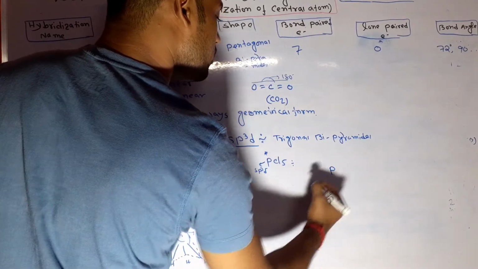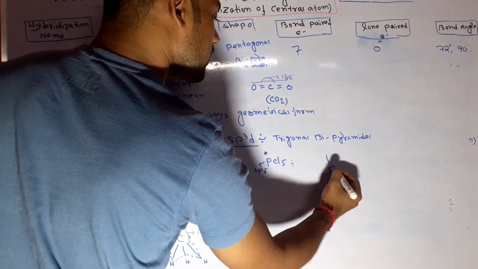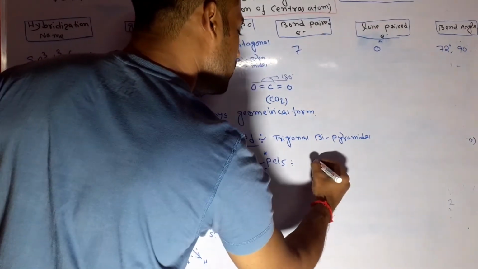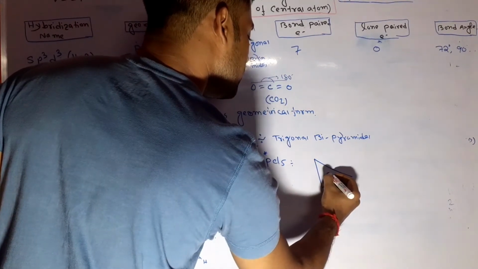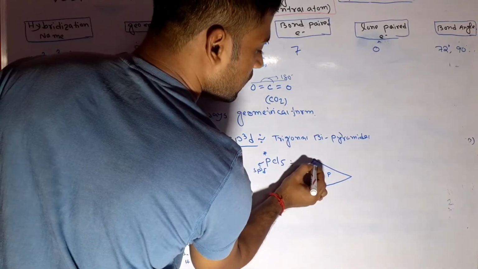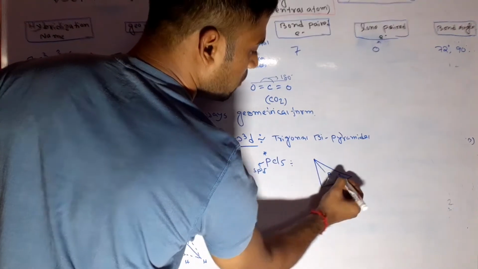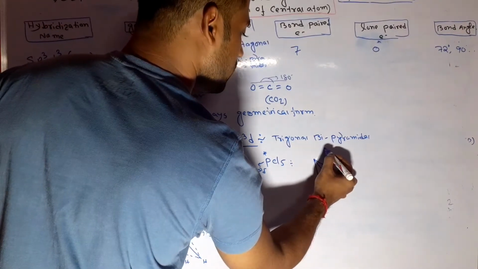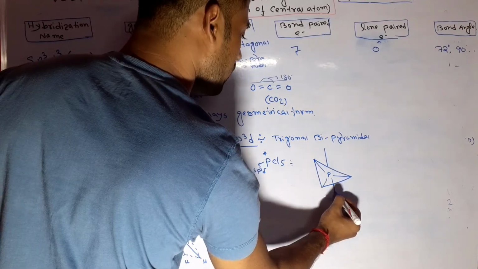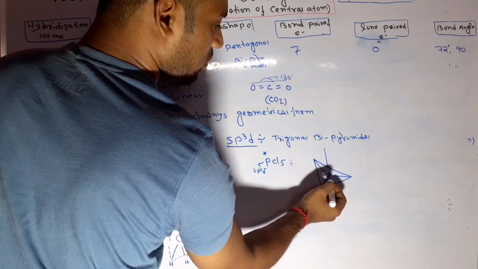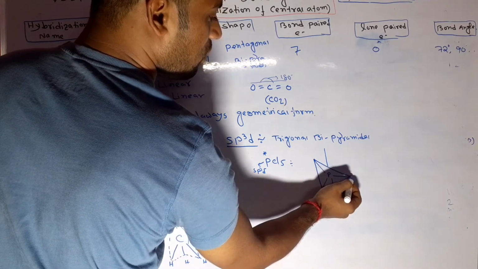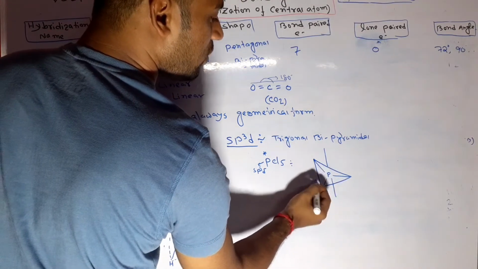The central atom is in the middle, phosphorus. First draw a triangle.